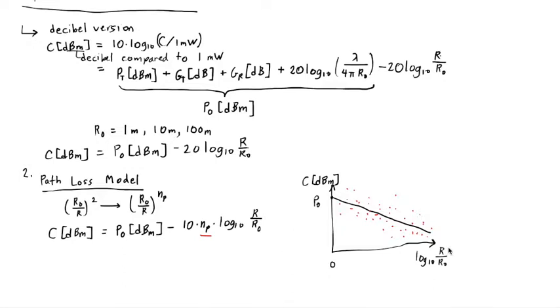If we move our antennas closer to the ground, like for mobile to mobile communications, then I would see a higher value of n than if I put one or both of the ends of the link up in the air, like at 10 or 20 meters. If you wanted to know for your environment how to set this value, you'd either have to look it up in a book where somebody else has done the measurements, or you have to measure it on your own if you're talking about building a communication system for a new environment.